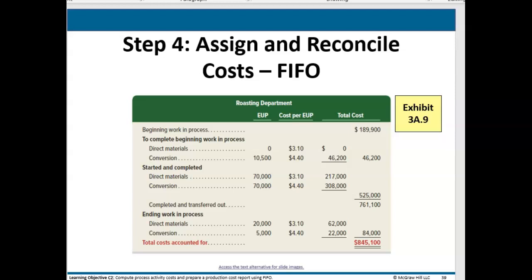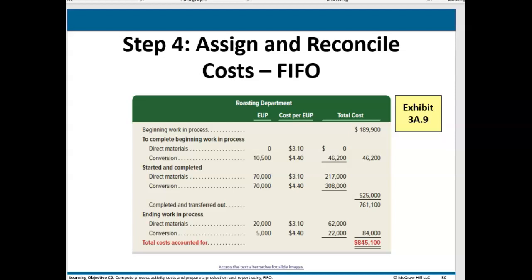Started and completed, the 70,000 units started and completed this month used 70,000 EUP of direct materials and 70,000 EUP of conversion. We assign $217,000 of direct materials cost and $308,000 of conversion cost to these units.